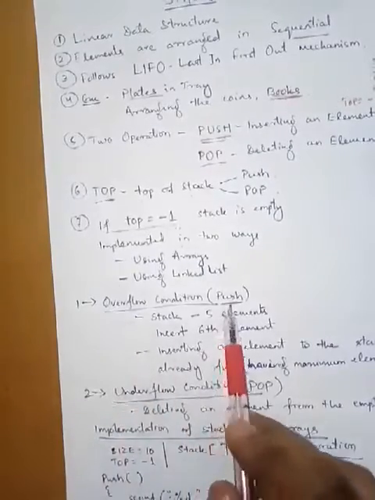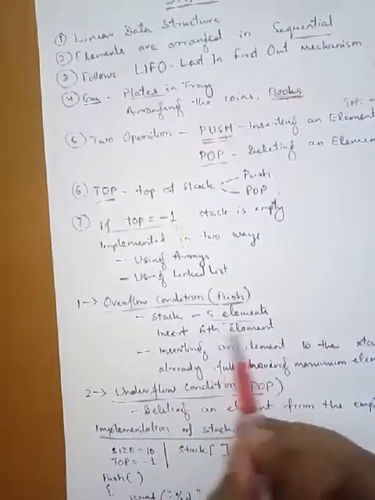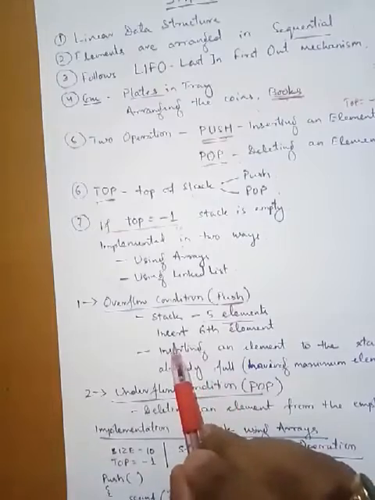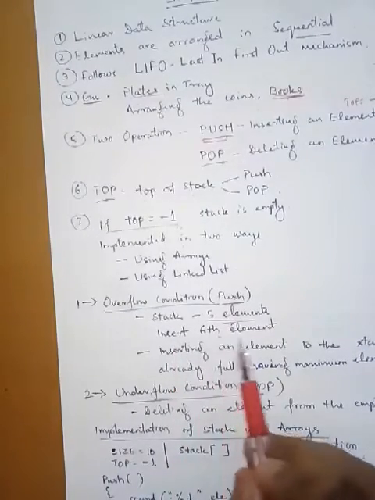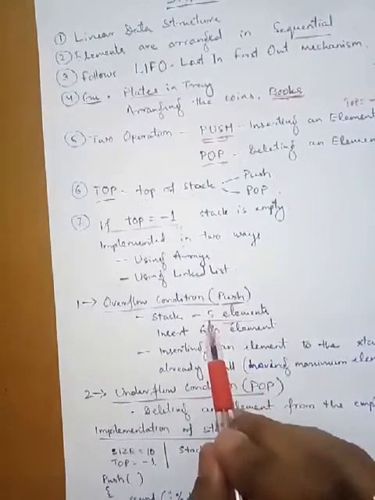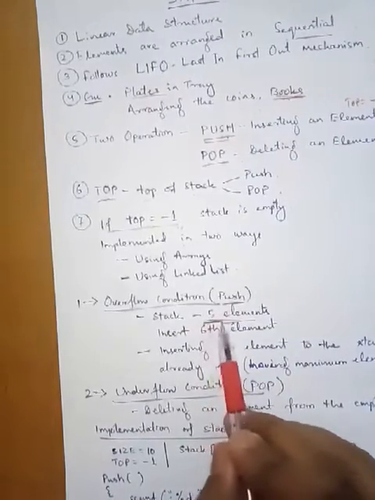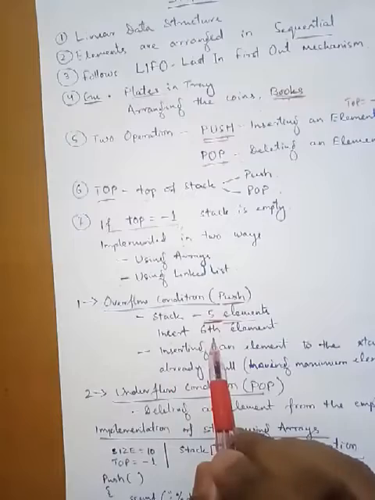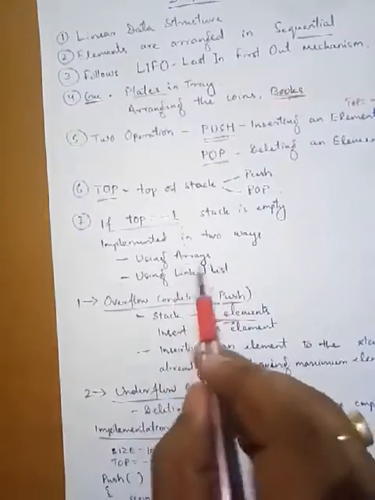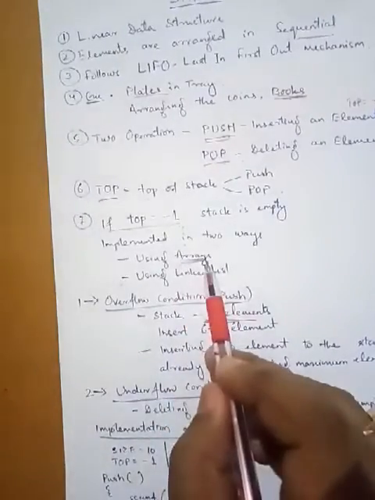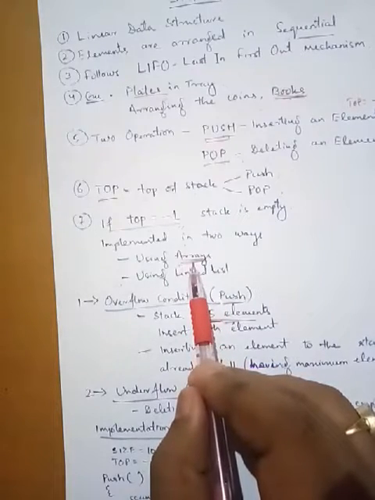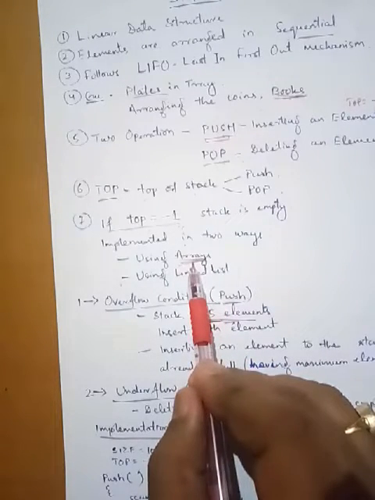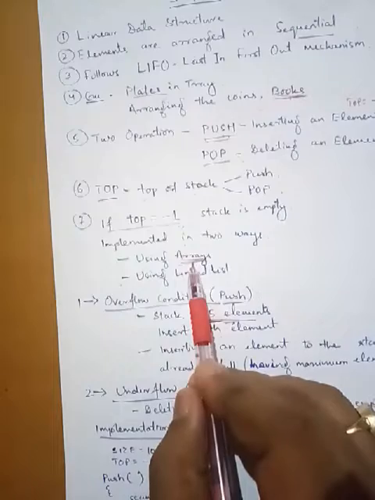In overflow condition, if there are 5 elements and you want to insert the 6th element, if the size of the stack is 5, this is the maximum size 5, then the 6th element cannot be inserted, because we are taking the example of an array. Using the array, that is the static representation, you cannot change the array size dynamically.